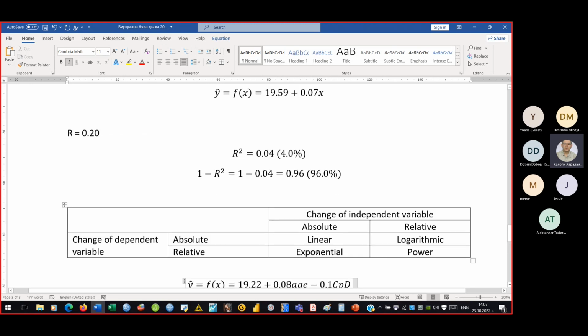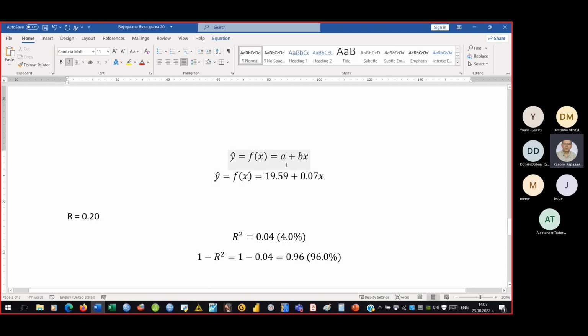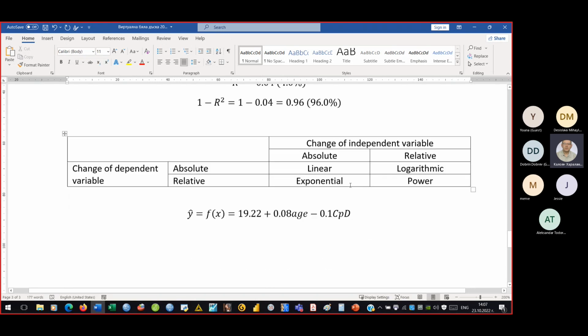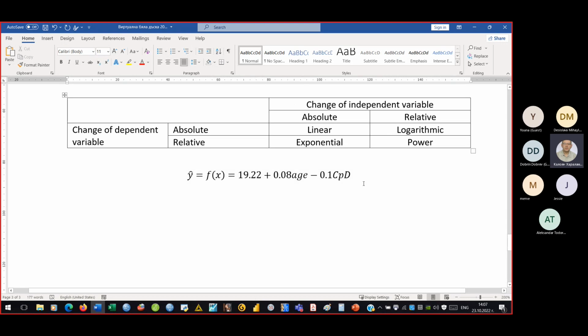So to the previous interpretation of this model with only one factor, we must add that all other factors in the model are constant.